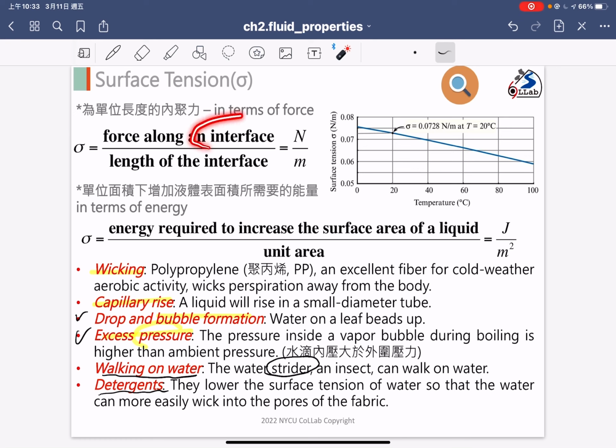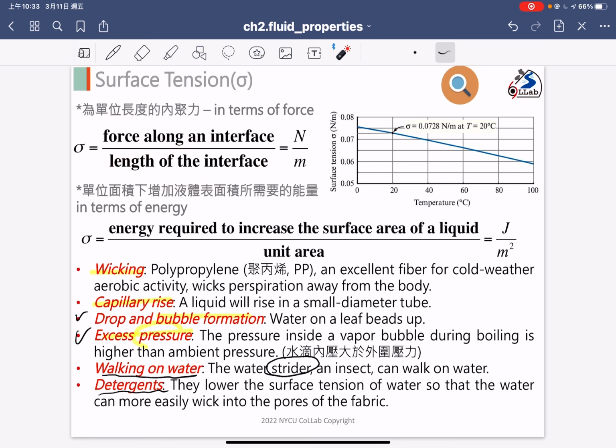Why should it be along the interface? Because we focus on phenomena that can only happen along the interface between two materials. So we just focus on the boundaries between different materials. That's why it is the force along the interface per unit interface length.